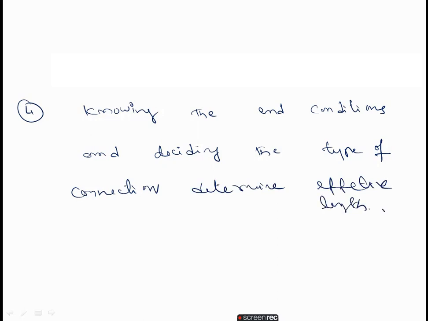Once you select the suitable section, you have to know what the end conditions are, whether fixed, hinged, or free end conditions. Based on that, you have to determine the effective length. That is the fourth one.